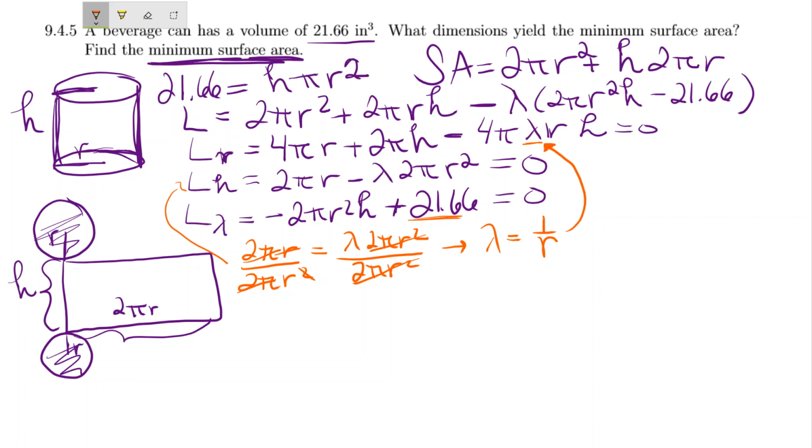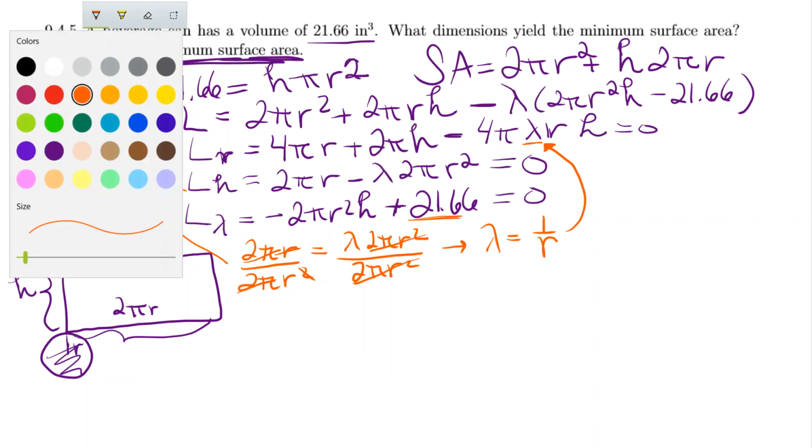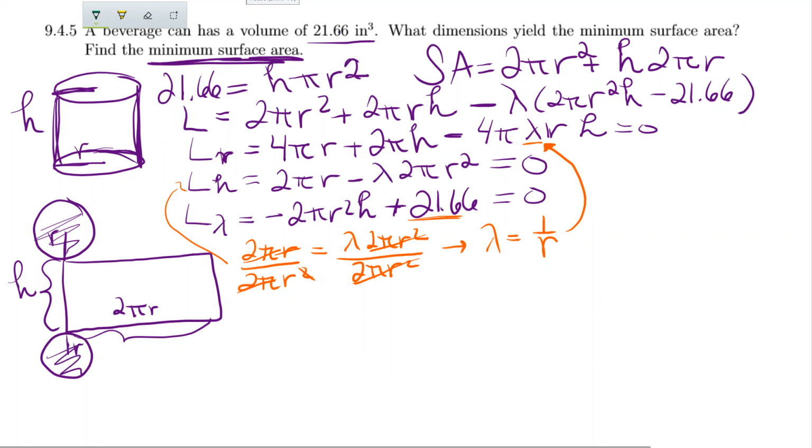Okay, so what I'm going to do is I'm going to do this in a different color. So now I'm taking the r partial derivative, 4 pi r plus 2 pi h minus 4 pi, that's a pi, ew, my pi's are ugly.